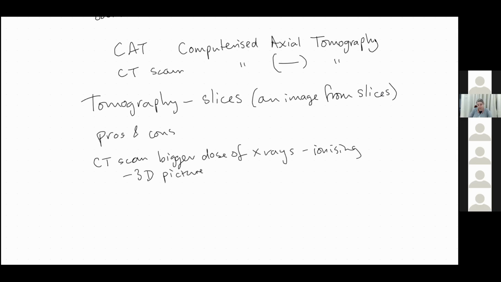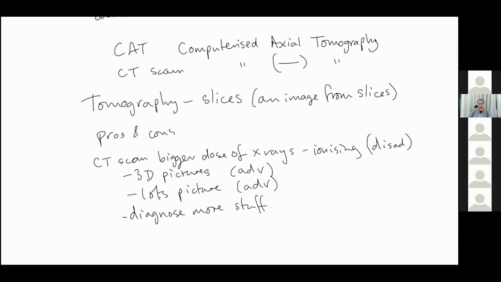So this is a disadvantage. But you do get 3D pictures, which is an advantage. And you get lots of pictures, which might also be an advantage. It depends what it is you're trying to image. And then you can diagnose more stuff.